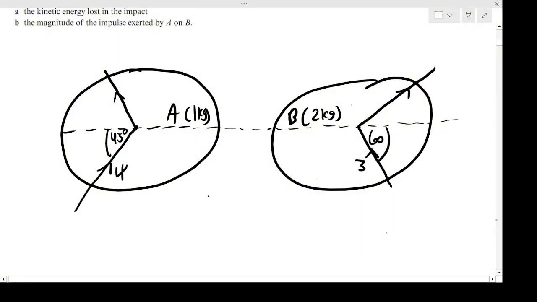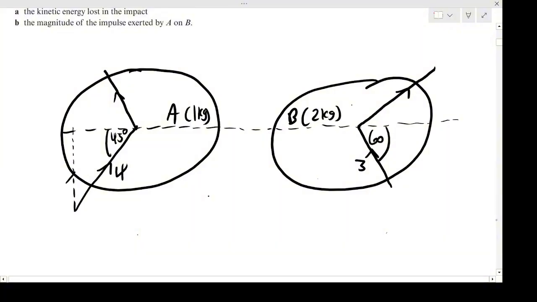Now again, like with collisions with a wall last time, we'll want to split the components up. I'm going to do this in a very specific way because it's very easy to get really messy workings and a really messy diagram. So I'm going to draw out my information like this, okay? The idea is I want to do it parallel and perpendicular.